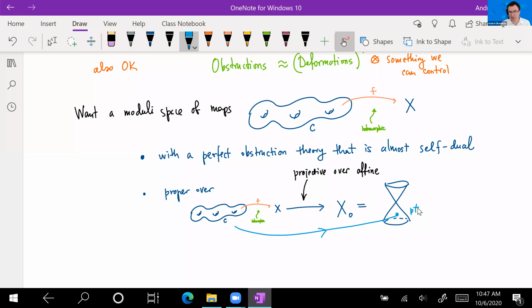And I would like that map to be proper, meaning if we fix where on the blowdown the curve goes, assume the curve's connected, and if it's disconnected, maybe where each component goes, assume that we fix the fiber of this variety, which is a projective variety, and we would like within that fiber the map space to be compact.